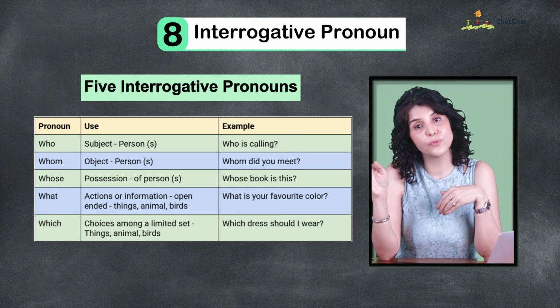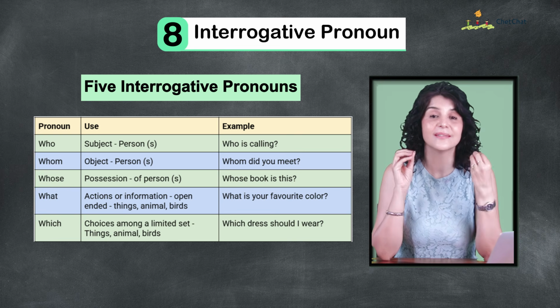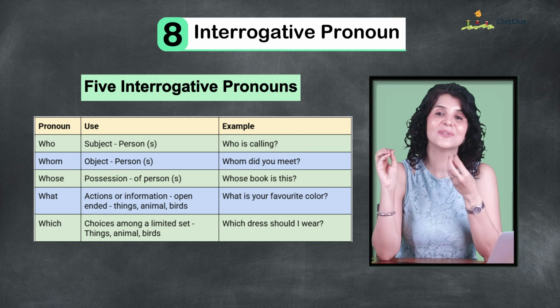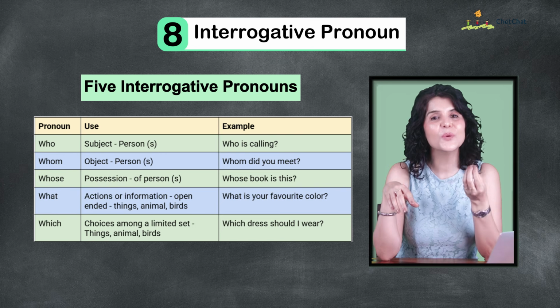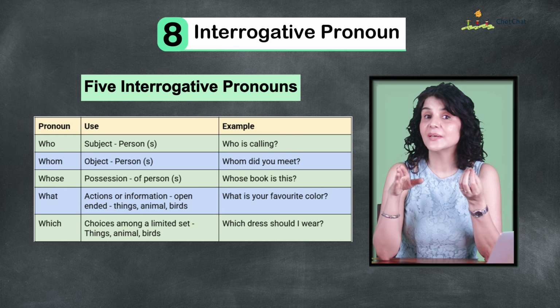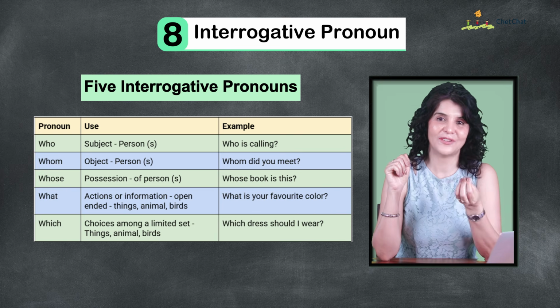Who, whom, whose refer to a person or persons. Who is the subject, whom is the object, and whose is the possessive pronoun. Who is calling? Person, subject. Whom did you meet? Person, object. Whose book is this? Person's possession.